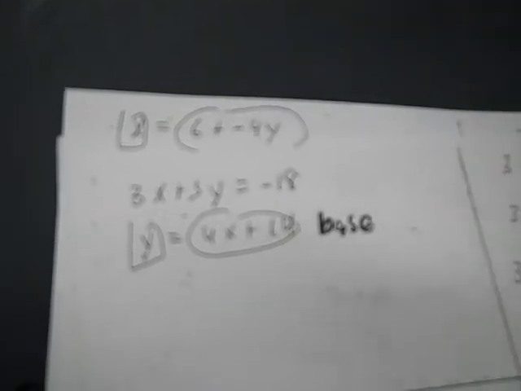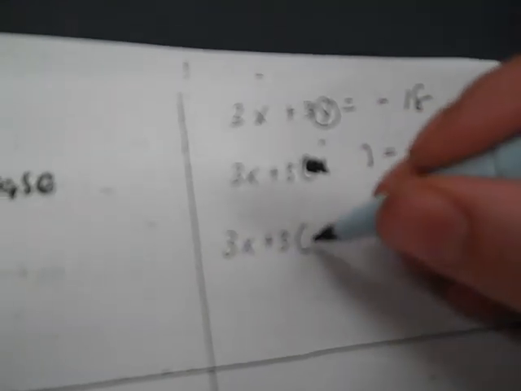So I write the other equation, 3 times x plus 3 times y equals negative 18. And I have chosen to circle the y because it was the y that was in the box. So I replace y with 4x plus 14. I just made it wider. Because first I make an empty parentheses, then I widen it, keeping everything else the same.